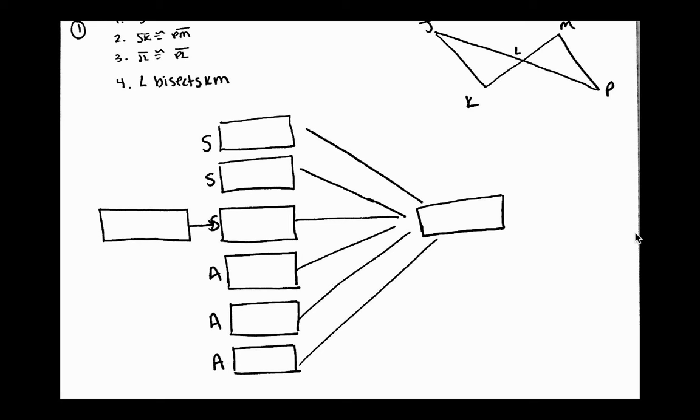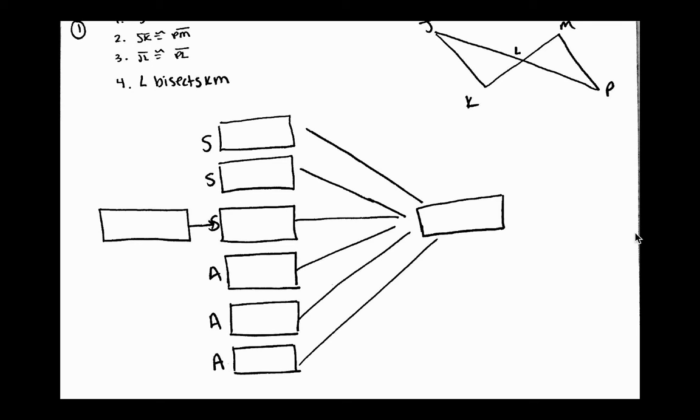But you can see that I have 6 boxes here, and those boxes are going to be our 3 sides. I also labeled those with the S's and the A's going down the center there, and that's going to get us to CPCTC, so that ideally that's what's going to go in the last box here.